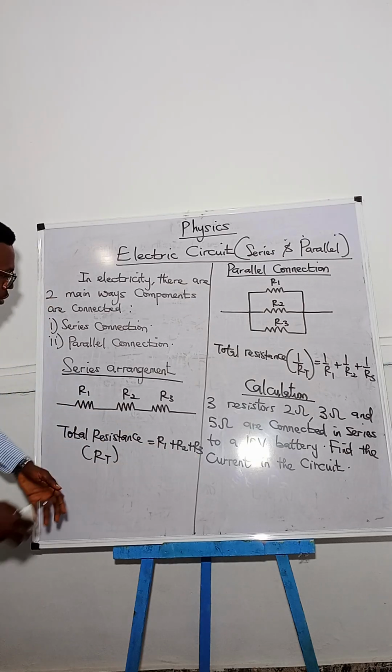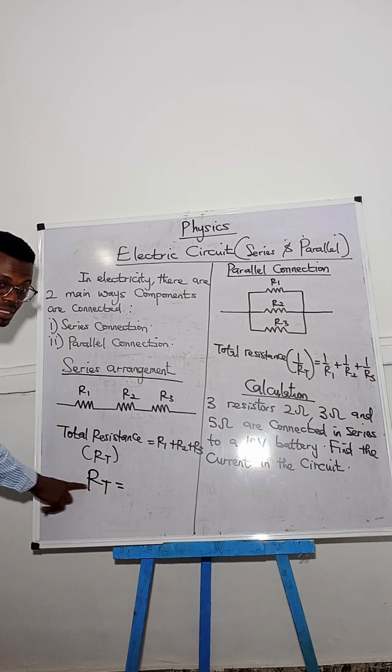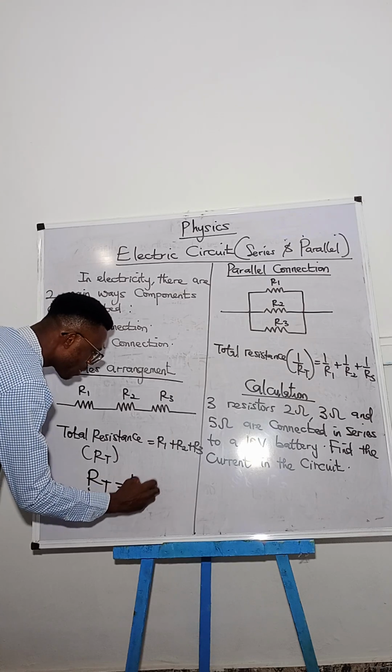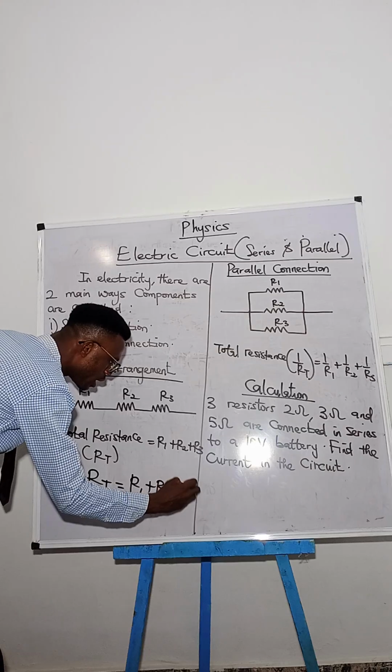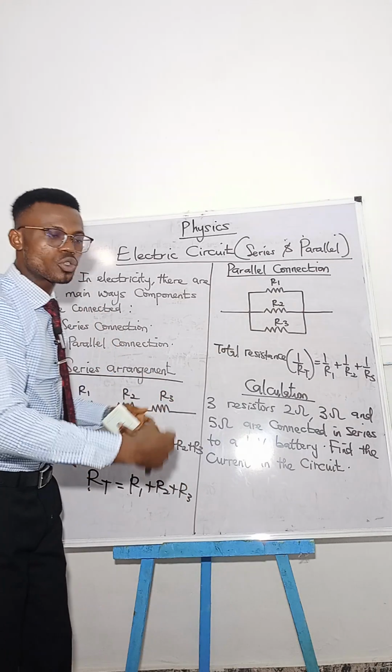So RT, the total resistance, equals R1 plus R2 plus R3, the sum of all the individual resistances of the resistors.